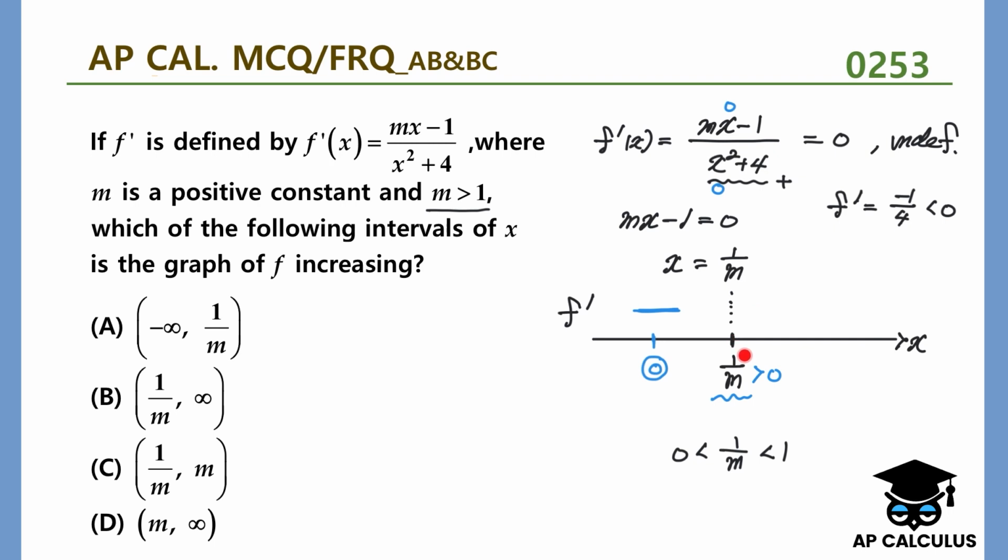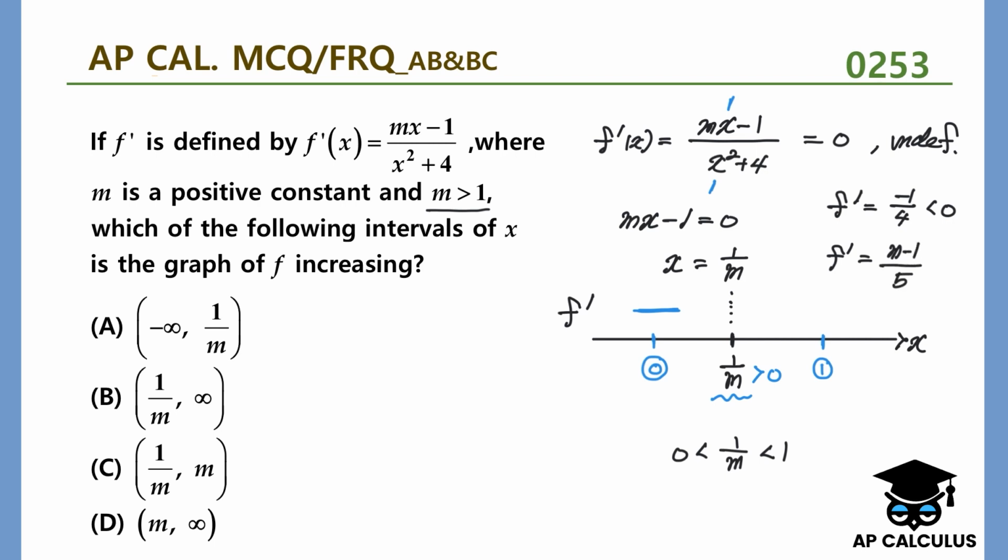Okay, for this interval right here, let's substitute 1, because 1 is greater than 1 over m. Then f prime is equal to m minus 1 over 5, right?